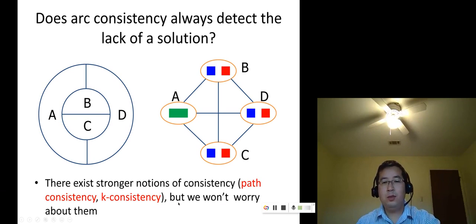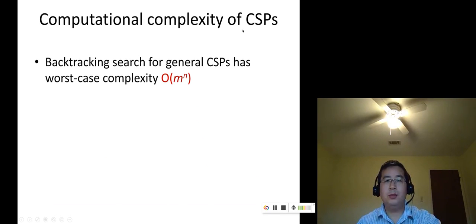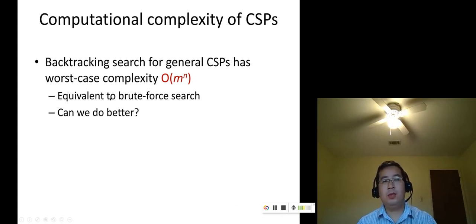If you're interested, you can have a look, but it's not required here. The complexity for this algorithm is big O of m to the power of n. That's the worst case, depending on the number of leaves on the last layer, which is equivalent to brute force search.